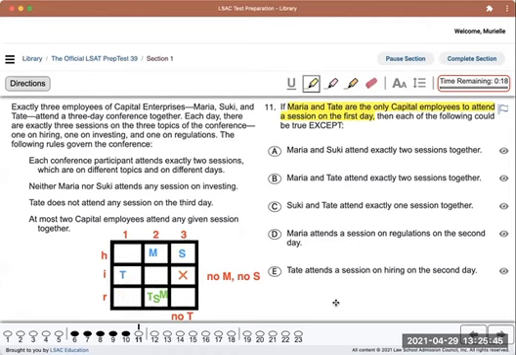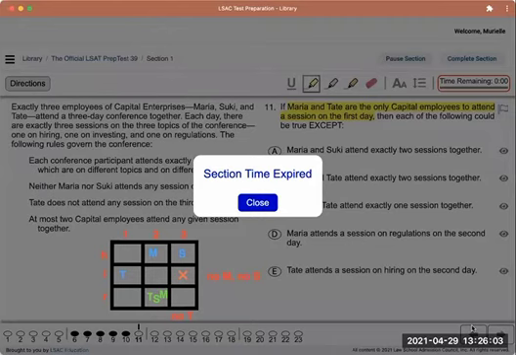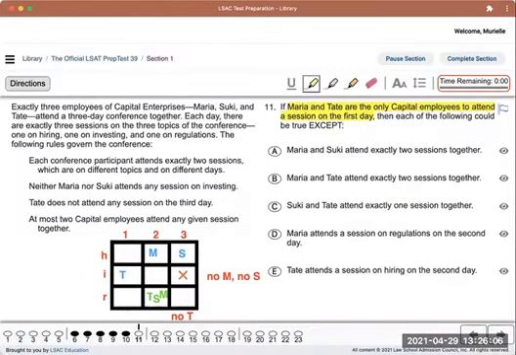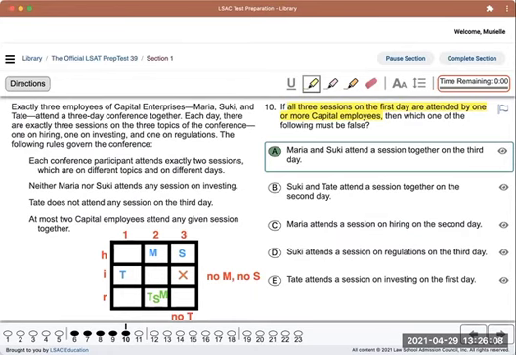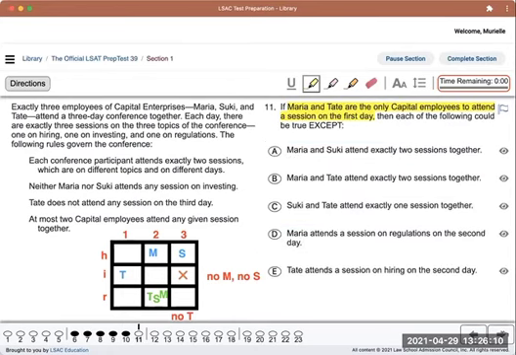I think I must be missing something. And S. Oh, I'm completely doing the wrong thing. Did I completely misread the question here? Oh, that is so bizarre.